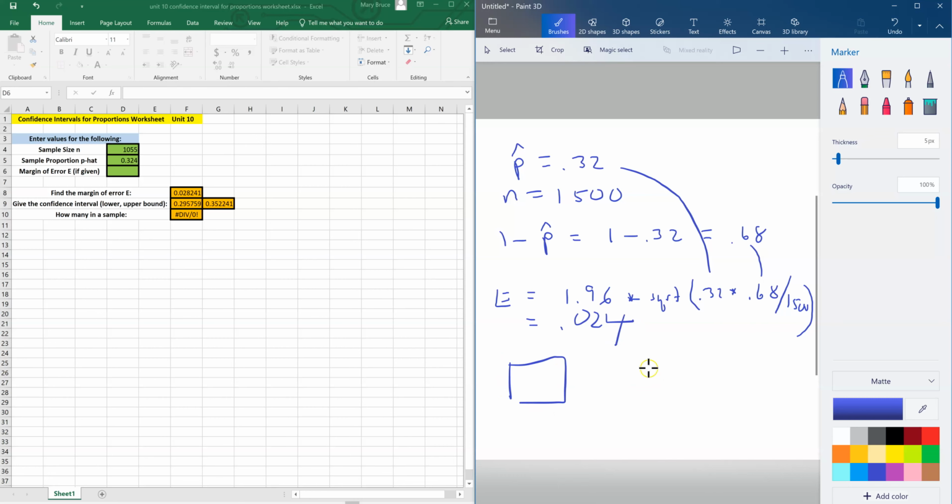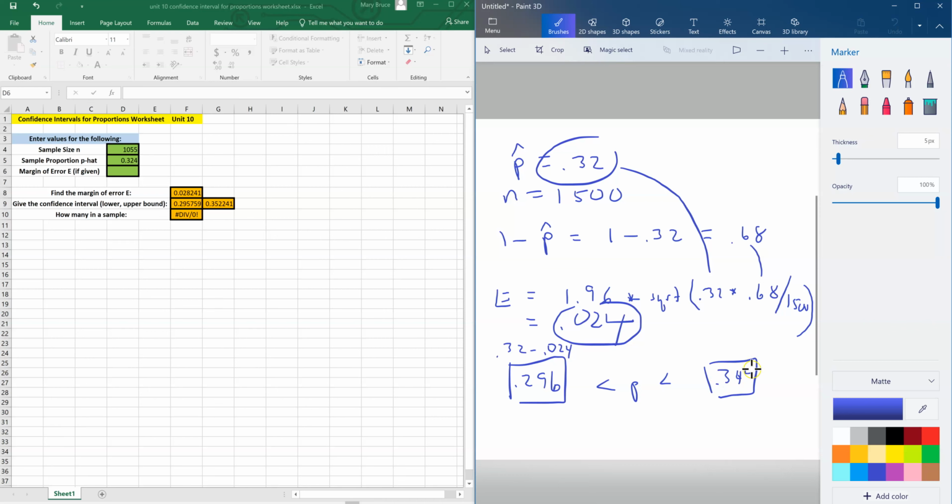And then I would be ready to fill in my boxes by taking the P hat minus the margin of error. So 0.32 minus the 0.024, I get 0.296. And then 0.32 plus 0.024, I get 0.344. There's both the margin of error and the confidence interval.